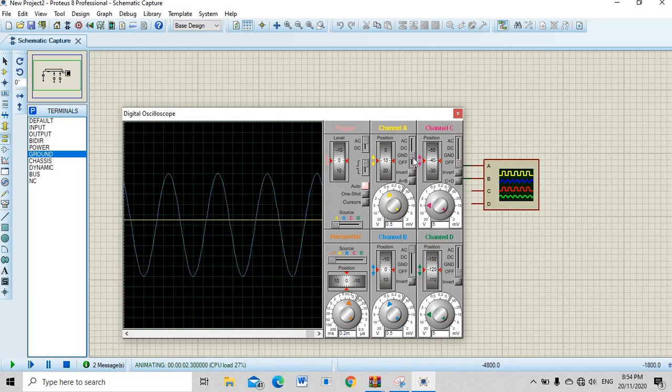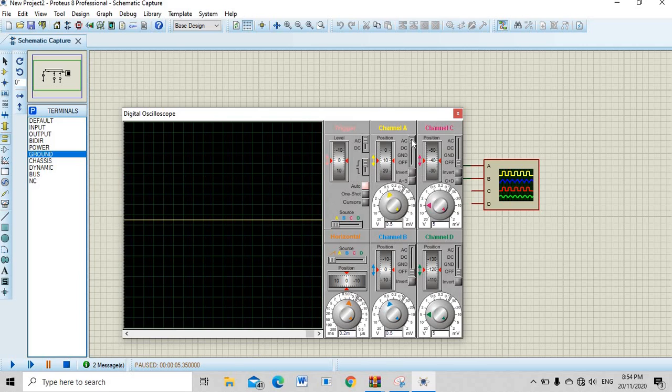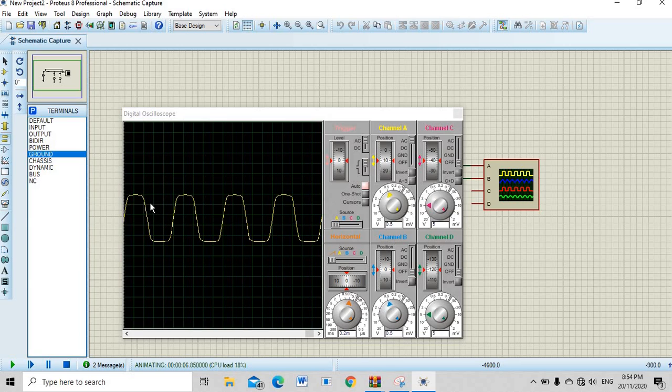Let's see the input first. As we can see, same as the other circuits, it has the same amplitude, V peak to peak and V peak. Then we see the output of the circuit. There we can see the flat curve here, no sharp curve, and let's compare to the input.